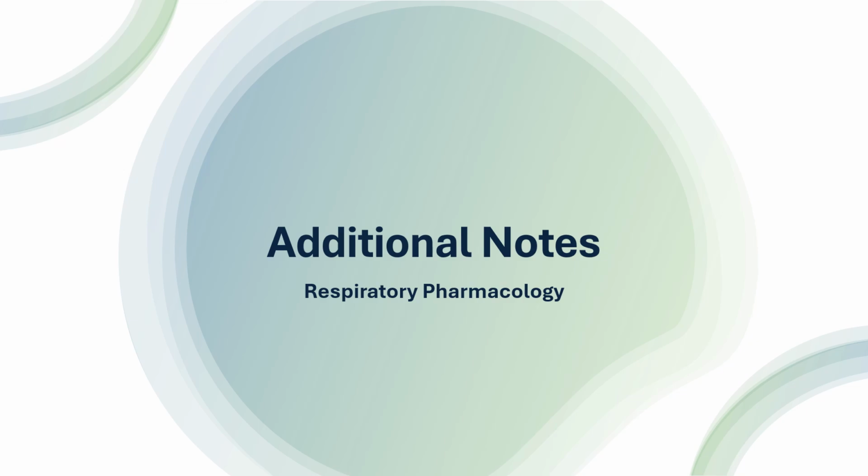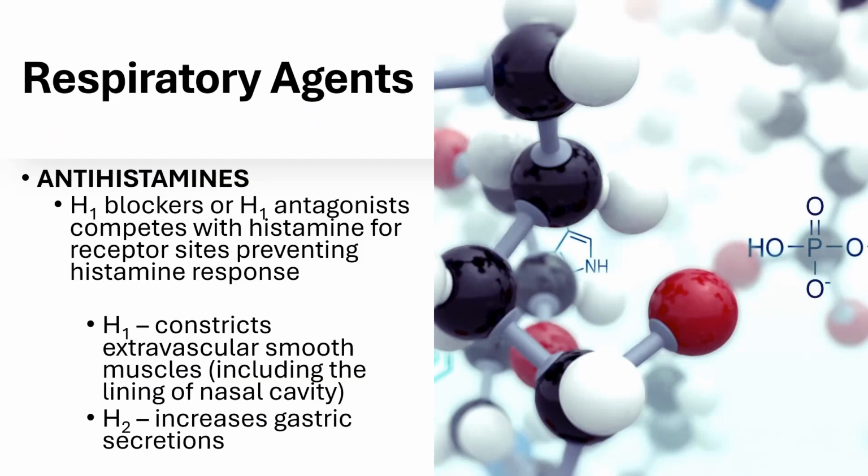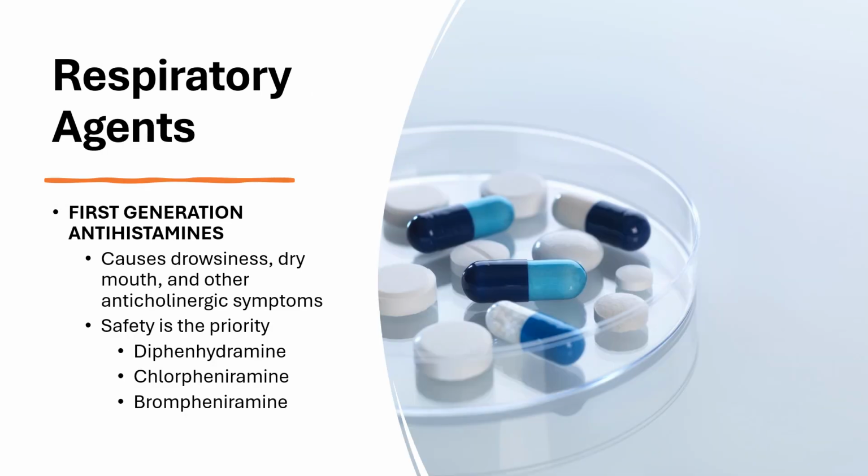Additional notes for your respiratory pharmacology. Again, antihistamine, H1 blockers or H1 antagonists compete with histamine for the receptor sites, preventing histamine response. Remember, your H1 constricts the extravascular smooth muscles. H2 increases gastric secretion, talking about the actual histamines.